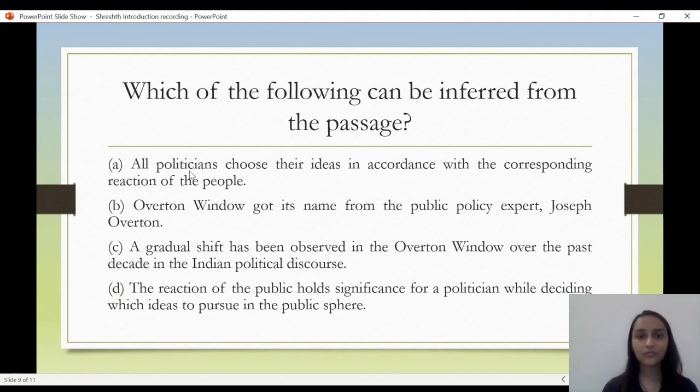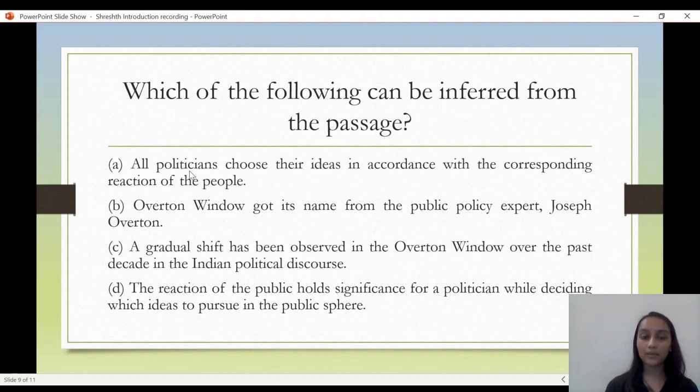Alright, option C. A gradual shift has been observed in the Overton window over the past decade in the Indian political discourse. Option C is also incorrect since it is bringing in outside information into the passage. What this option is talking about is beyond the scope of the passage. Therefore, this option is wrong as well.